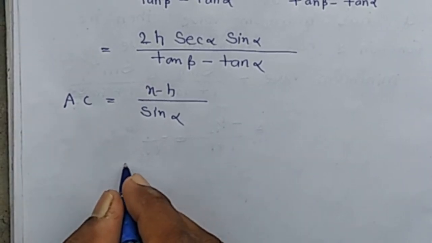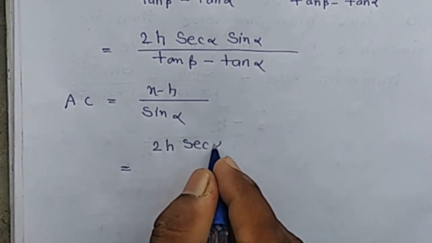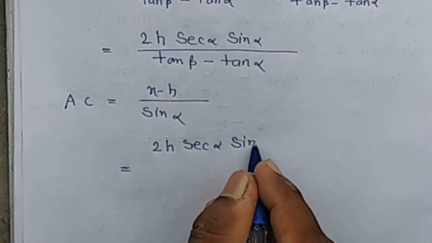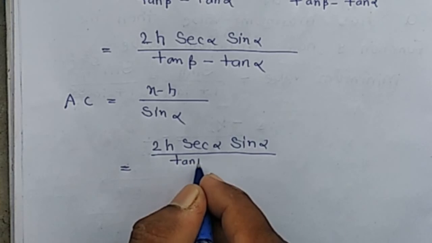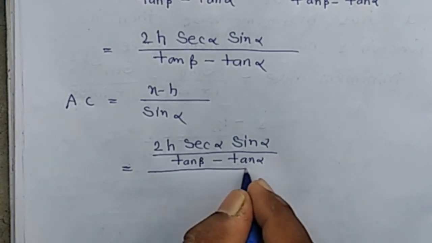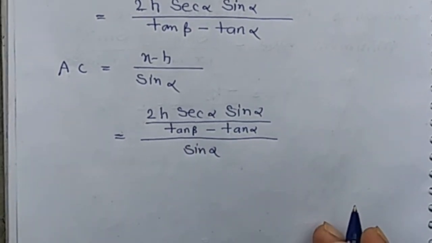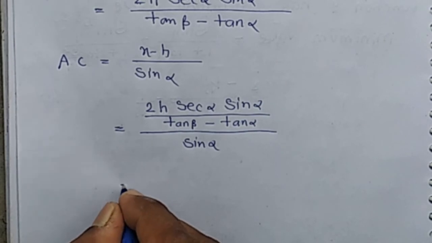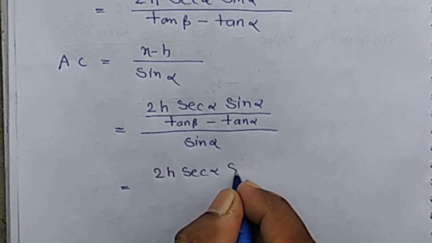The value of X minus H is 2H sec alpha sin alpha over tan beta minus tan alpha.